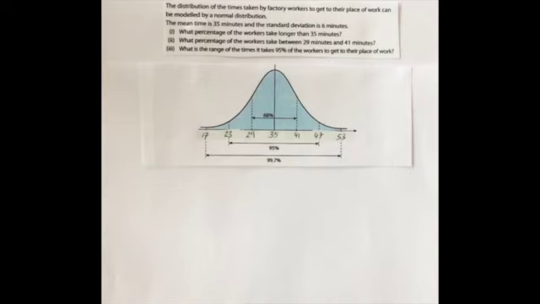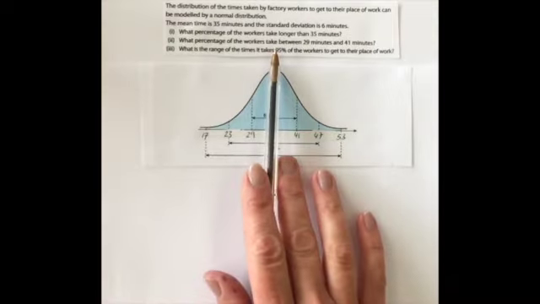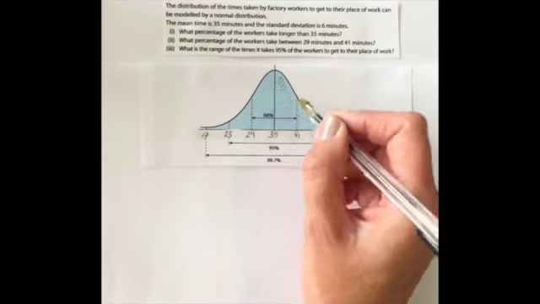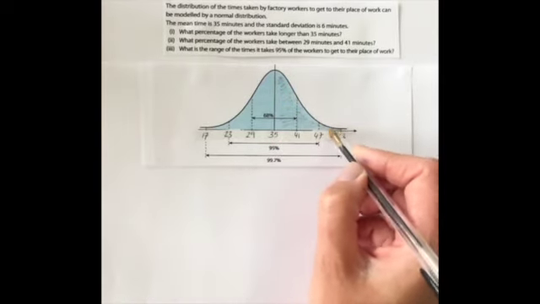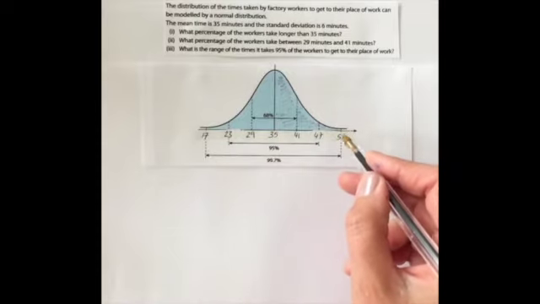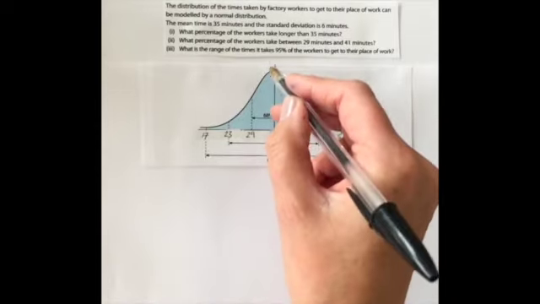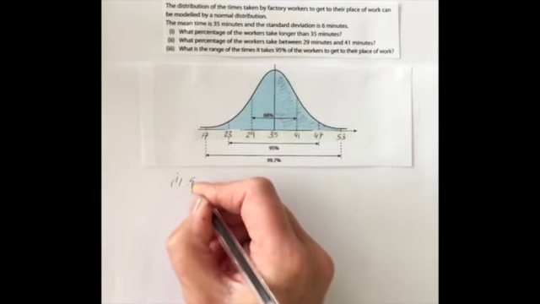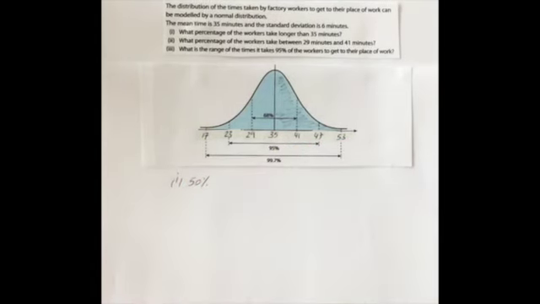First question asks, what percentage of the workers take longer than 35 minutes? Well, 35 minutes is slap bang in the middle, which implies then that everybody that takes longer is 50% of the data, because 35 was always going to be in the middle because that's the mean. So 50% of the workers would take longer than 35 minutes.